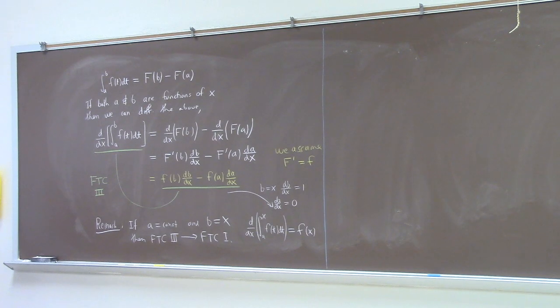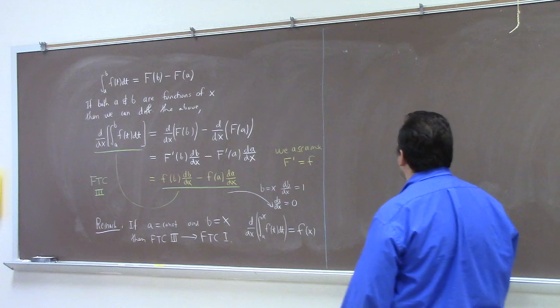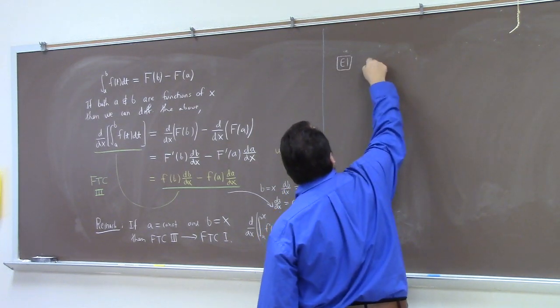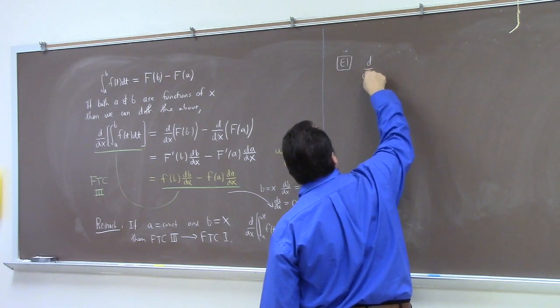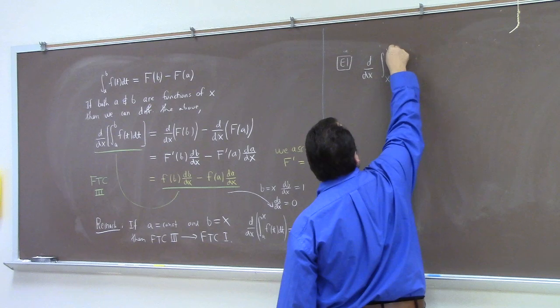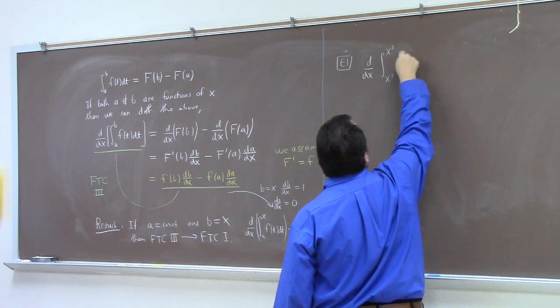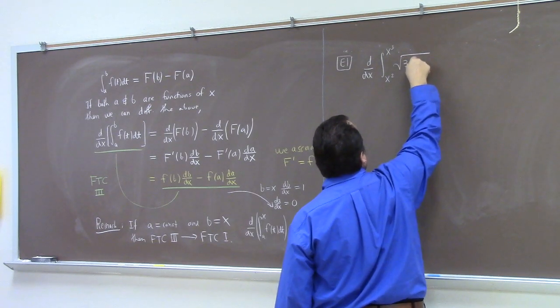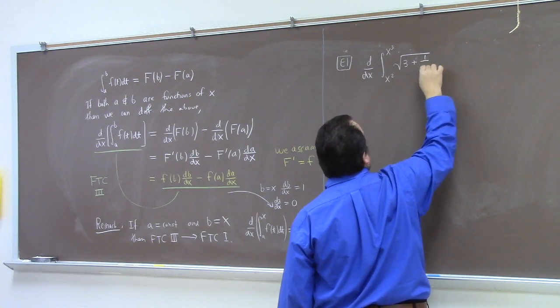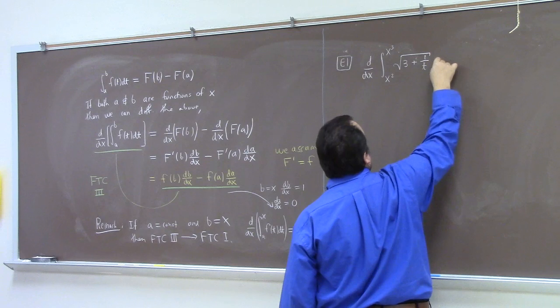Let's look at 3 examples of this. d dx of the integral from x squared to x cubed of the square root of 3 plus 1 over t dt.